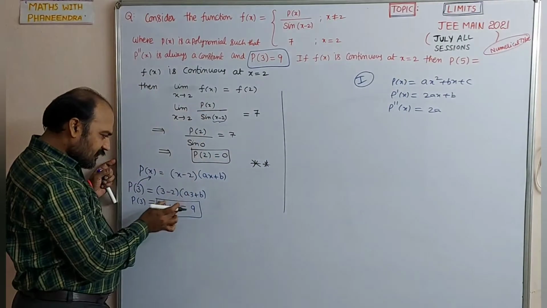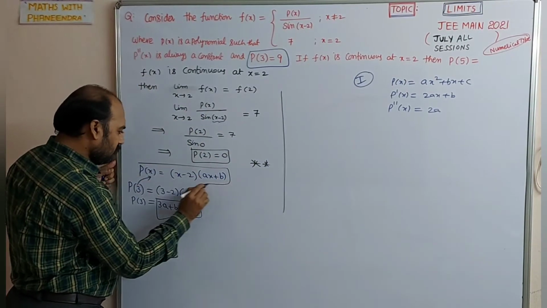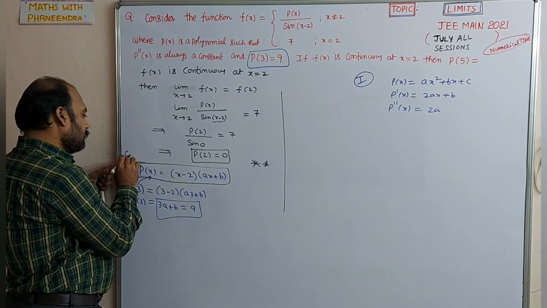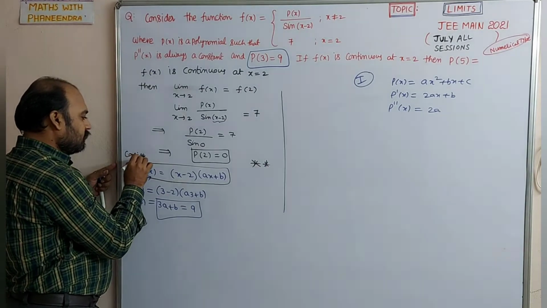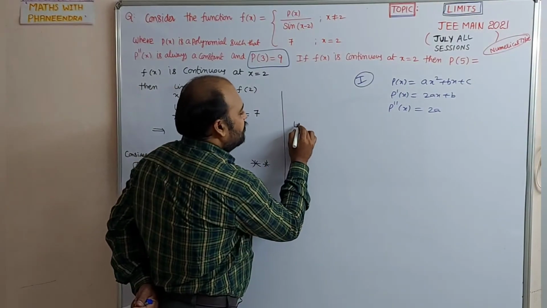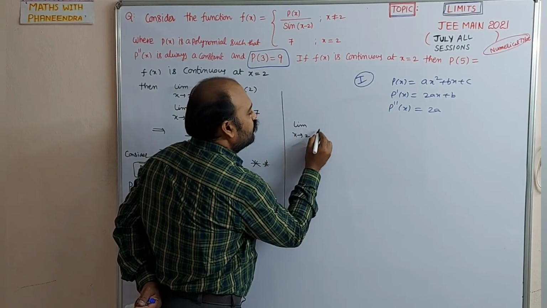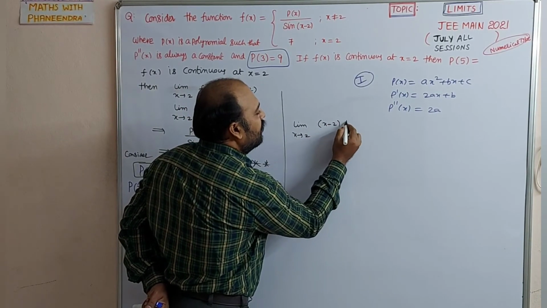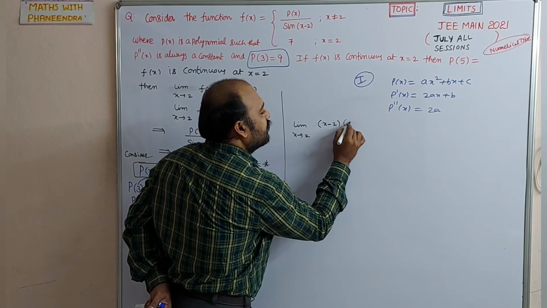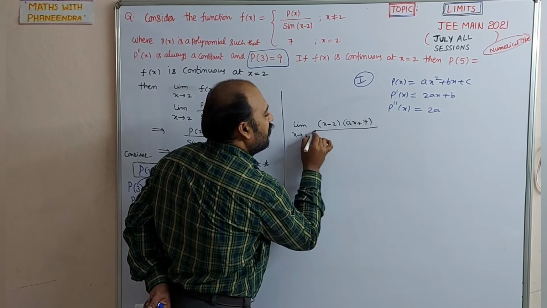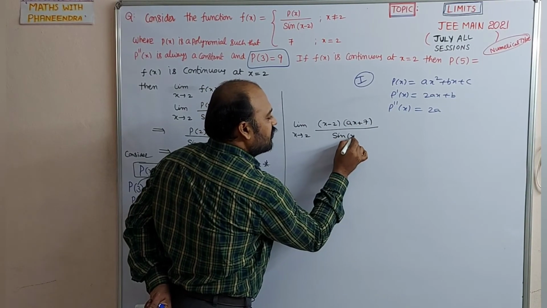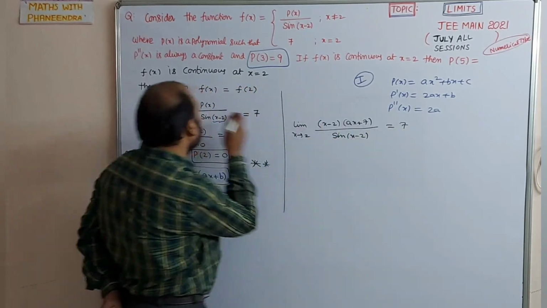In place of p of x, I am considering this function. So limit x tends to 2, x minus 2 into ax plus b divided by sine of x minus 2 is equal to 7 only, no?